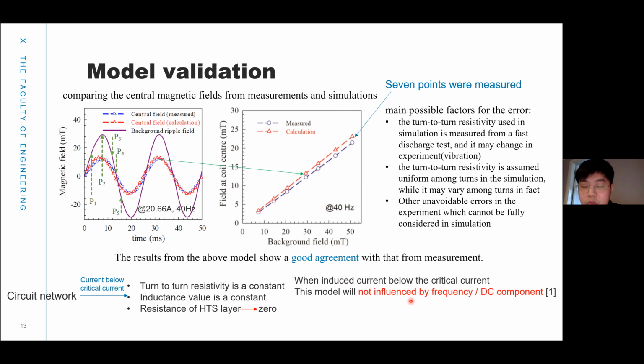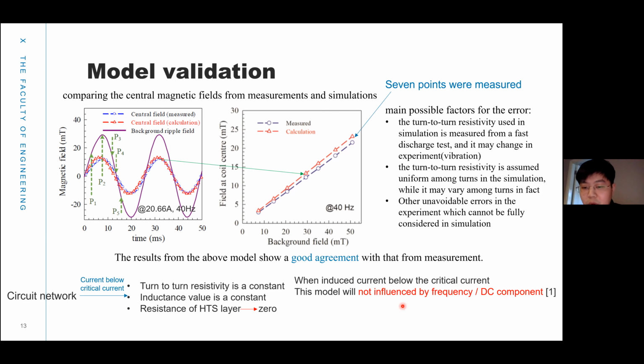So in further study, we will remove the DC component in the coil. In a real-time operating machine, a DC current is applied in the coil, but in our study we have removed it.